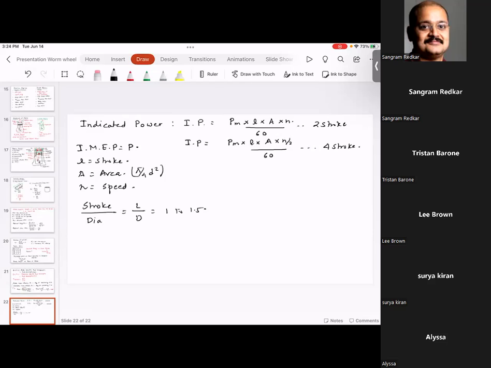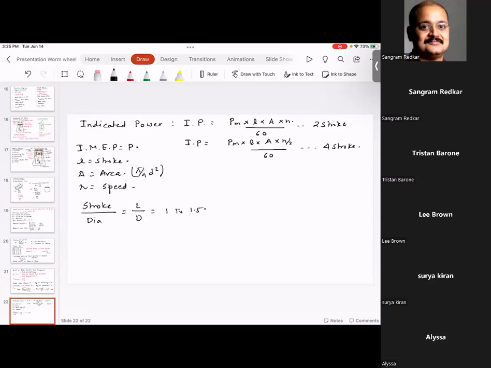So based on the indicated mean effective pressure, which is basically indicated power, we should have an overall estimate of the diameter. We can decide the L by D ratio. L by D ratio is the design parameter.